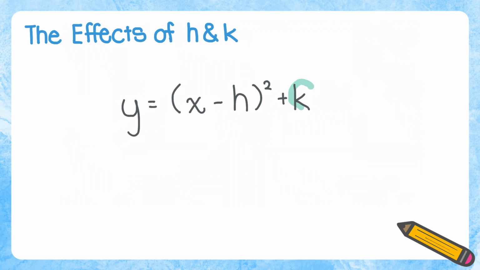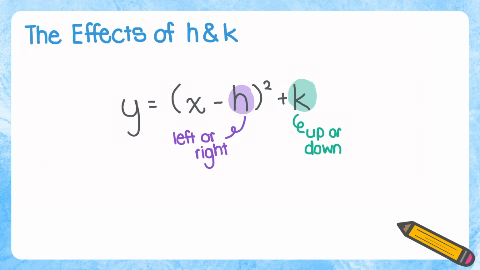So the parameter k determines whether you're going to go up or down. And then what does h do? So h is right here. This parameter determines whether you'll translate the parabola to the left or to the right. So now let's combine these two effects together.